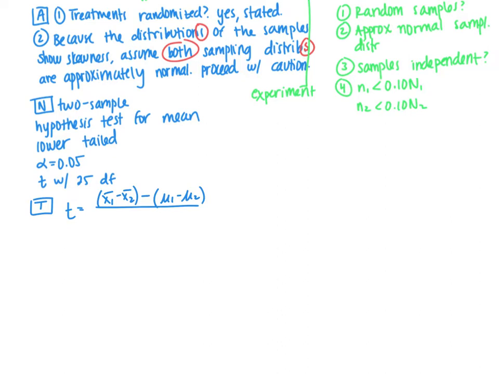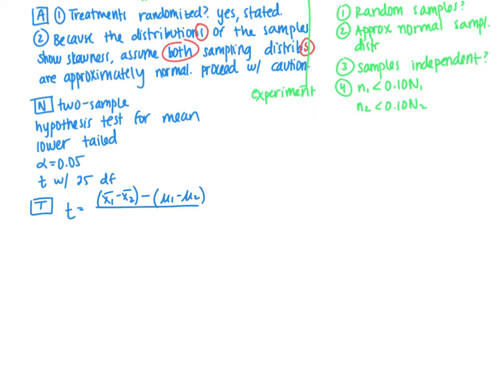The standard error is going to be on the back page. So if you flip over your formula sheet, the top is proportions, which is not what we want. The next section is means. We are looking at two populations. So then it says standard error, and that's this formula right here.